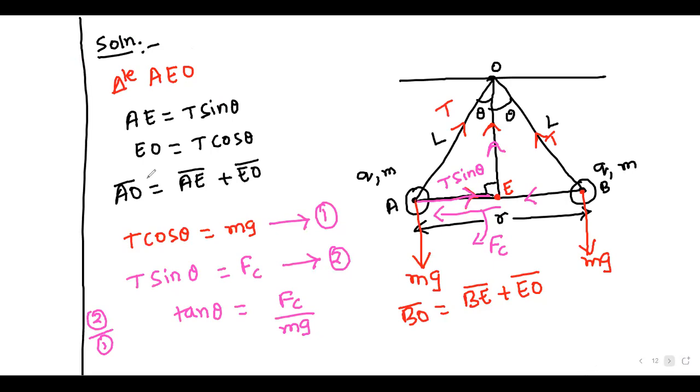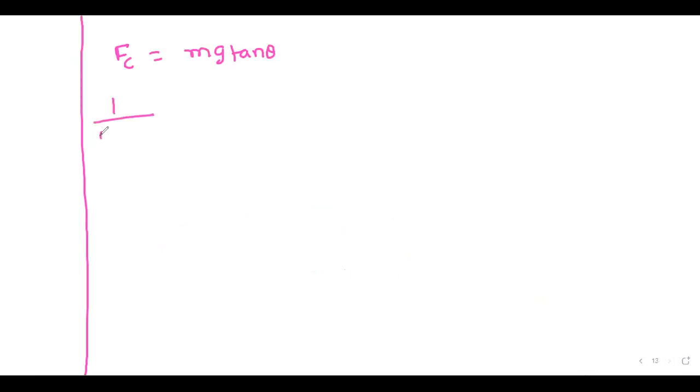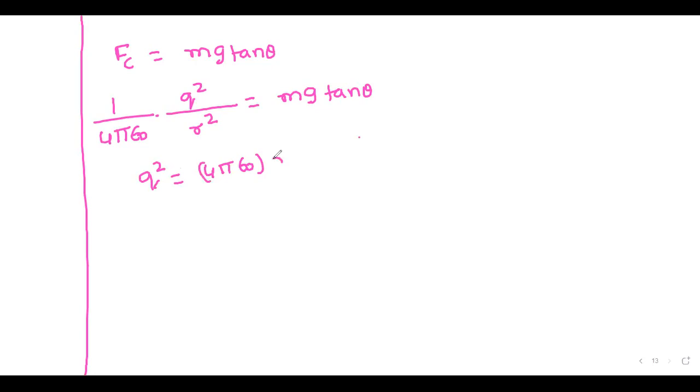Okay, so 1 by 4 pi epsilon naught times the product of the charges of the two particles divided by the square of the separation distance is equal to mg tan theta. So q square is equal to 4 pi epsilon naught times mg r square tan theta.